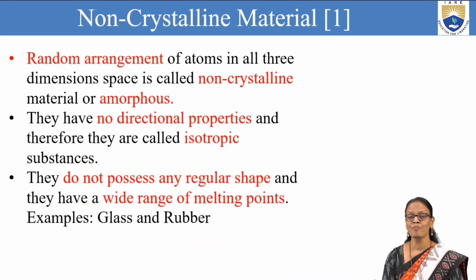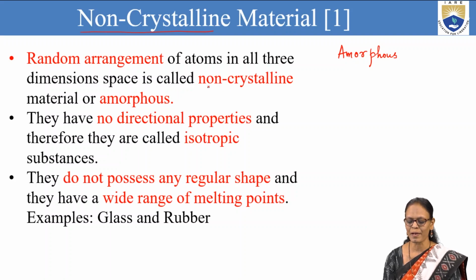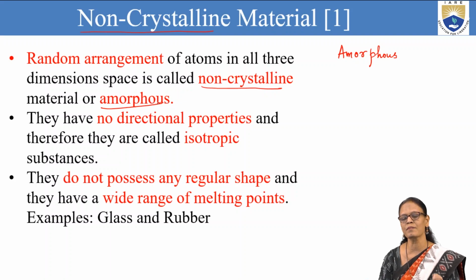Now, when it comes to non-crystalline or amorphous solids, the arrangement of atoms in 3 dimensions is random. Then we call them non-crystalline or amorphous. If the arrangement of atoms in a crystal structure is not in an orderly manner, it is in a random fashion, then we call it an amorphous solid.